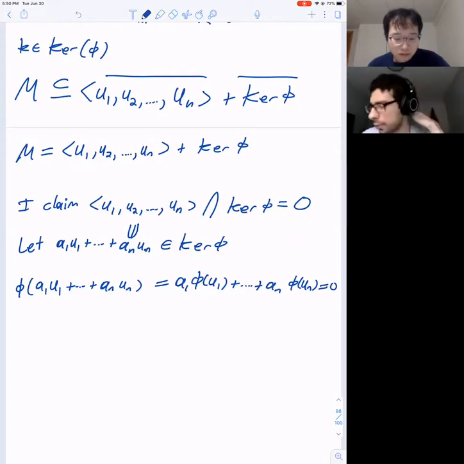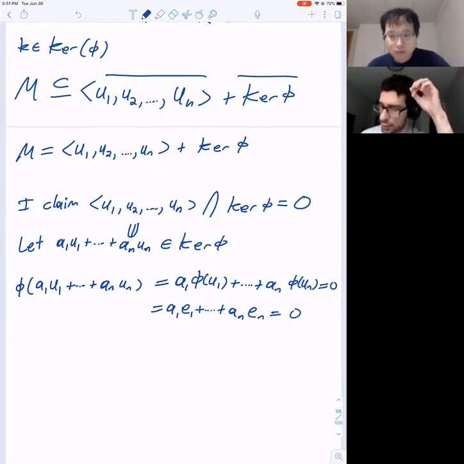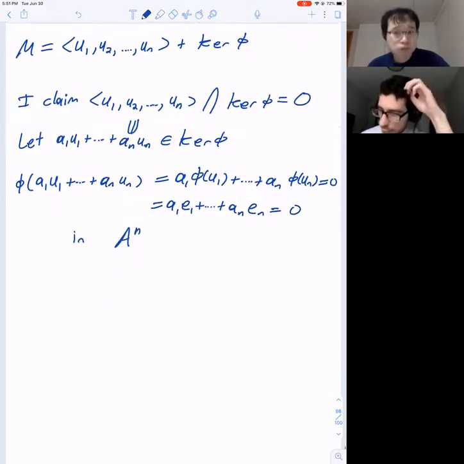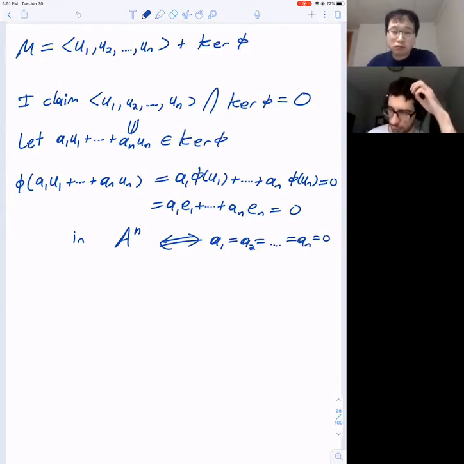But remember, what was phi of u1? Phi of u1 was e1. What was phi of un? It was en. This is equal to 0 in the direct sum. So if it's 0 in the direct sum, this must be the 0 element. There's no other possibility.